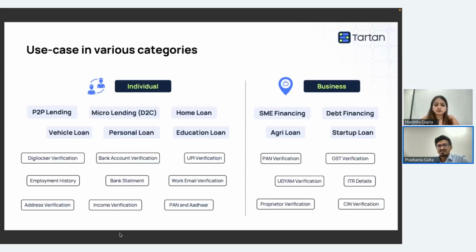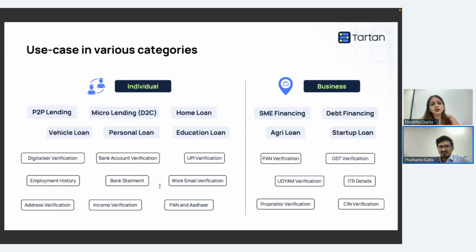In the second part, when it comes to income verification, we can analyze the different payslips for you. We can analyze bank statements for you. And if you don't want to upload payslips or bank statements because it's a cumbersome process, we can fetch the income data directly from the HRMS system, where the user would just provide their consent with their credentials, and we'll fetch the data directly from their company's HRMS system.